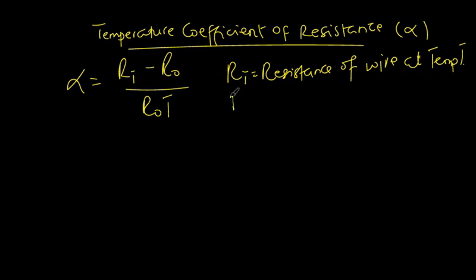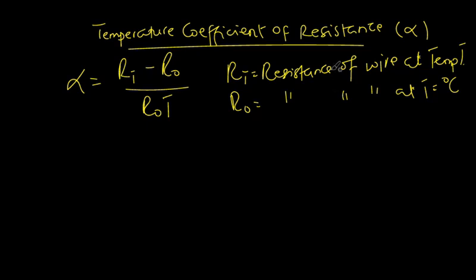Now the R naught is the resistance of the wire at a temperature equal to 0 degrees. Normally for temperature coefficient, we look at the resistance of the wire when the temperature is 0, and then when the temperature has risen to a particular temperature, maybe 20, 30, 40, the resistance offered by that wire differs.